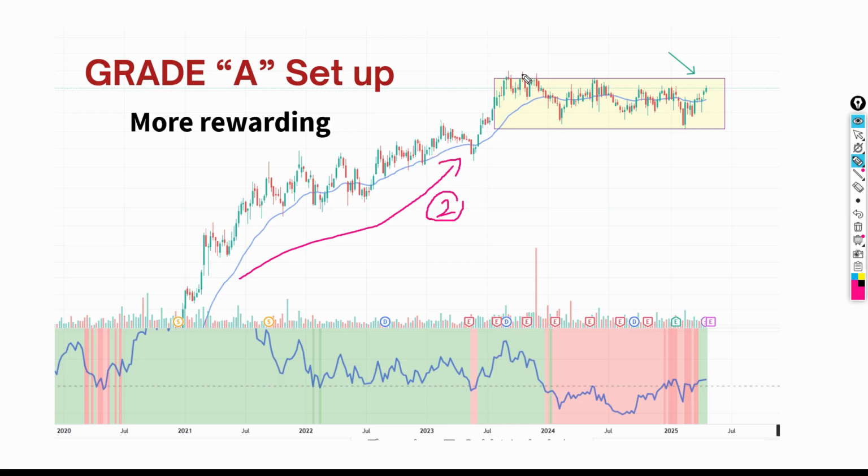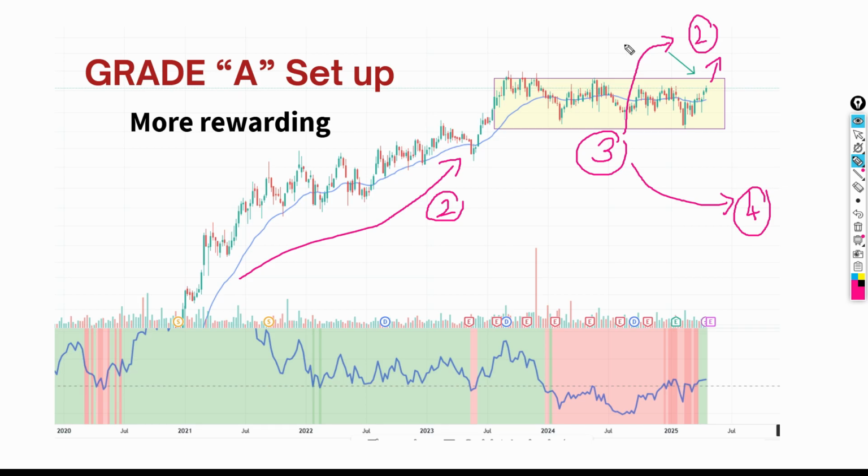The stock went into stage 3. Once it's in stage 3, if it breaks up, it is stage 2, that is, stage 3 converting directly into stage 2 instead of breaking down and converting to stage 4.